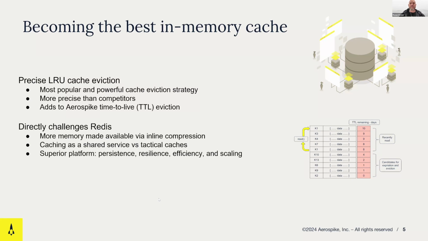Now, in the case of the new LRU eviction policy that we have, they actually combine together. What we do is you have the ability to configure either for the namespace or at the set level, which is like a table in Aerospike, or coming from the application, you can say that if a read is within a certain percent of expiration date of that record, then we will touch it and move it.